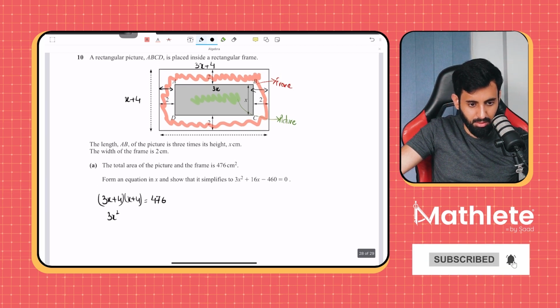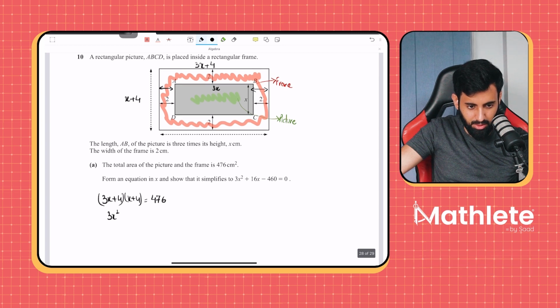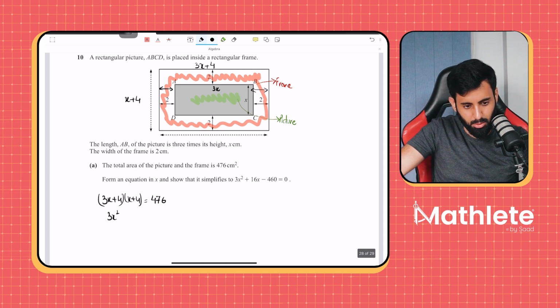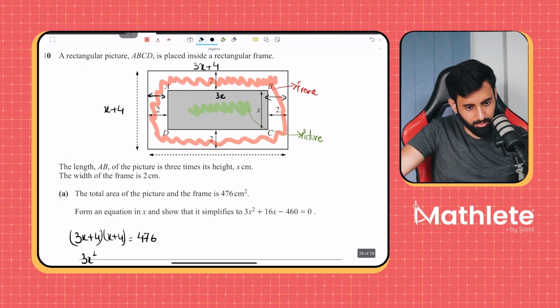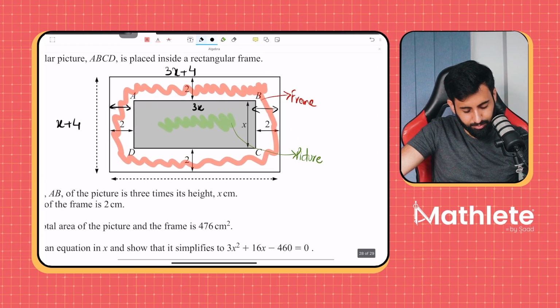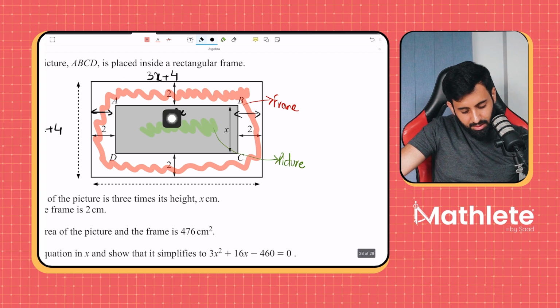Read the question. Oh, I was further adding the picture. Wait, why do we take 2? You mean plus 2 plus 2? Is that what you're asking? So this length is 3x. What is this length? 2.